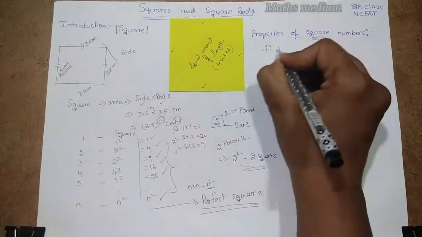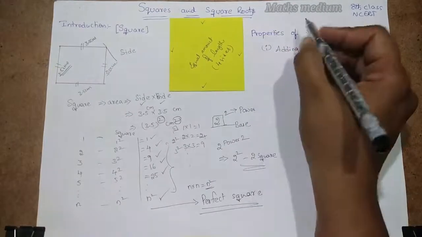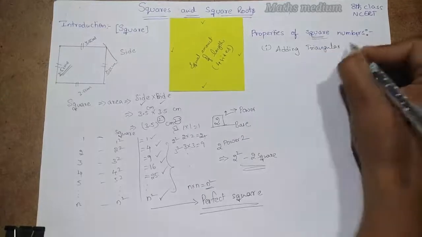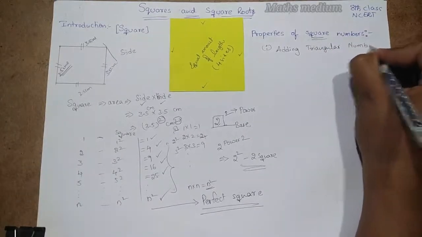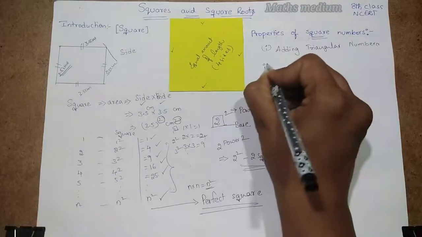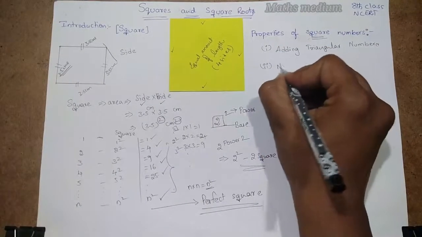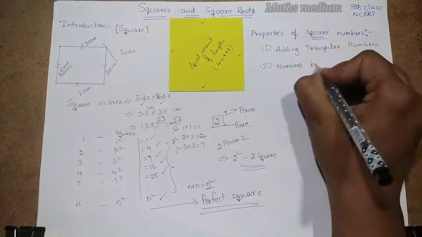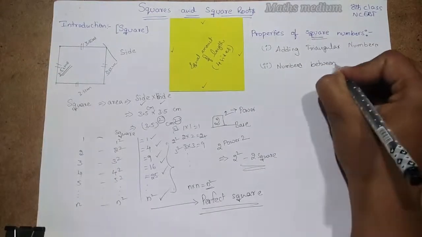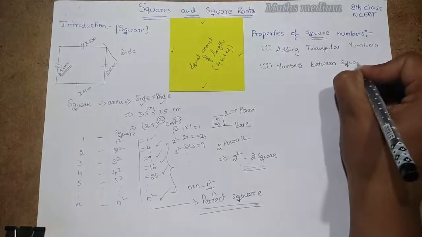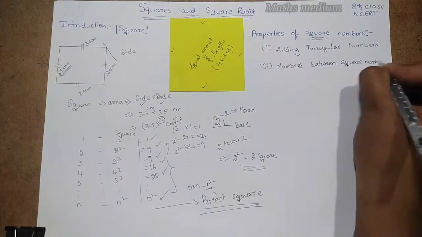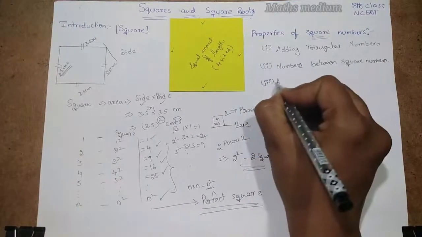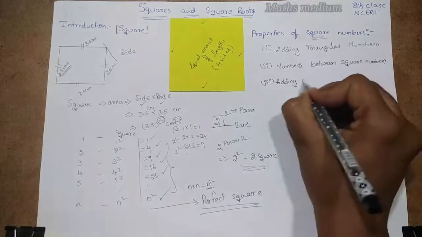First is adding triangular numbers. Next one is numbers between square numbers. Third one is adding odd numbers.